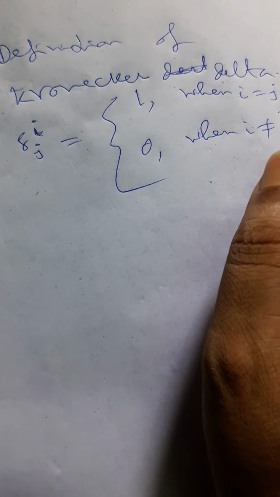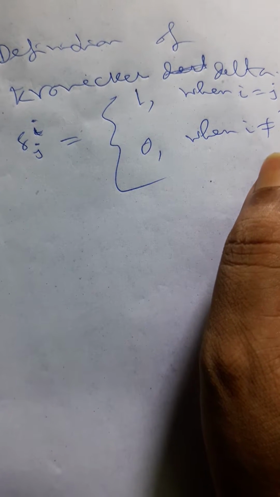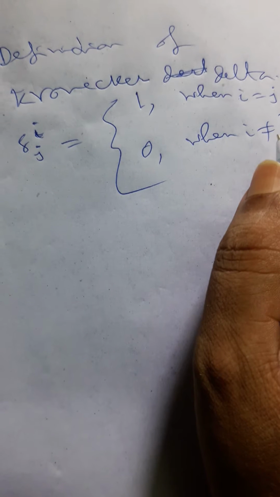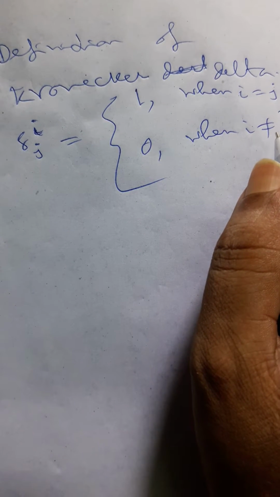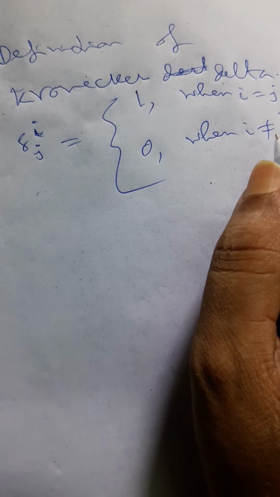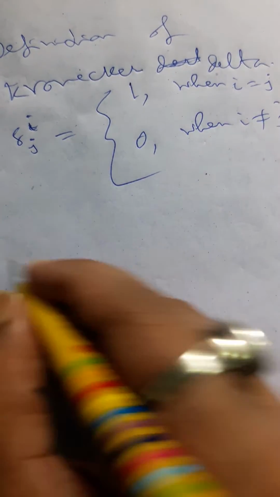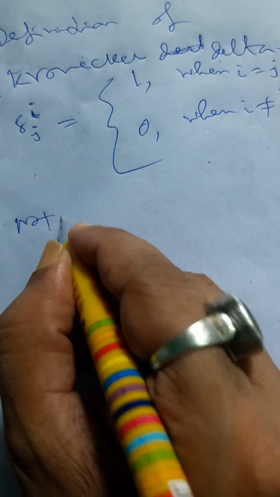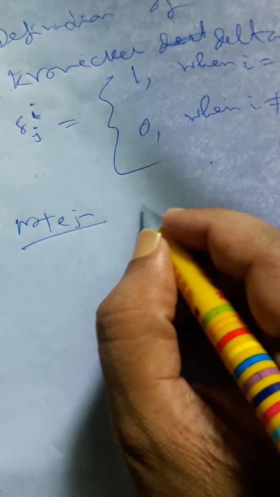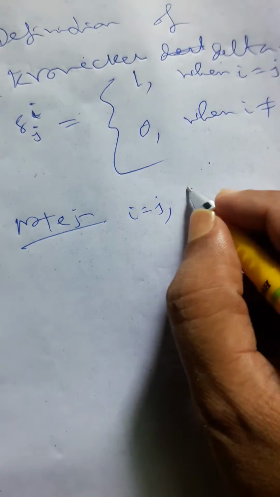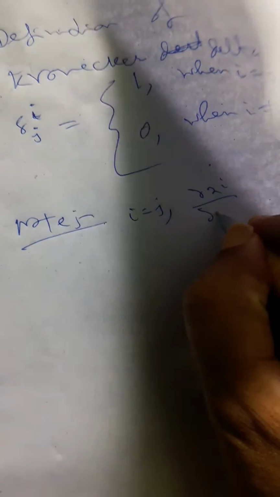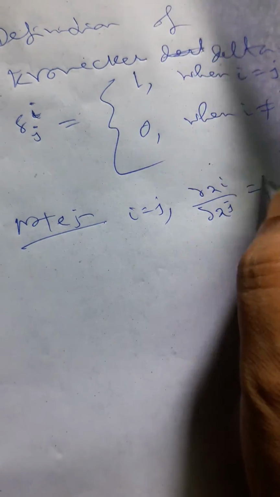So it should be noted that if i equals j, then we get 1, and also when i equals j, then ∂xi/∂xj will be 1.